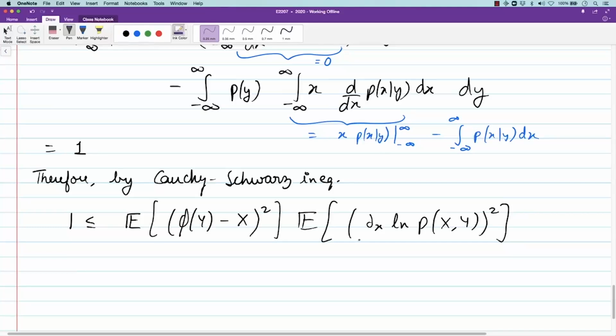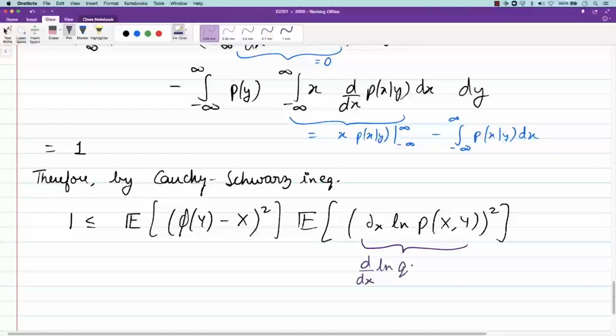This derivative here is d by dx log q(x), because the density of x is q, plus d by dx of p of y given x. Now y given x is Gaussian.